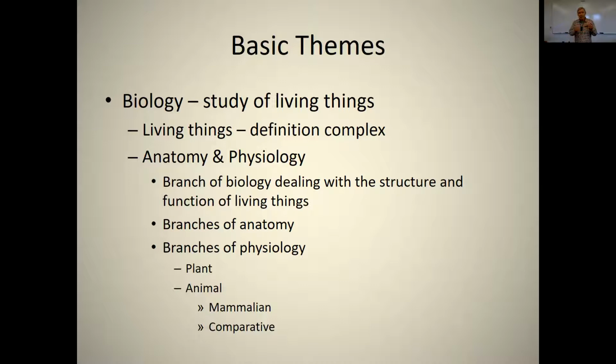a living thing has a series of characteristics it has to have in order for it to be called living. For one thing, it has to be composed of cells. Other thing, it has to conduct homeostasis, it has to have a constant internal environment. It has to grow, it has to differentiate, it has to evolve. It has to utilize energy.